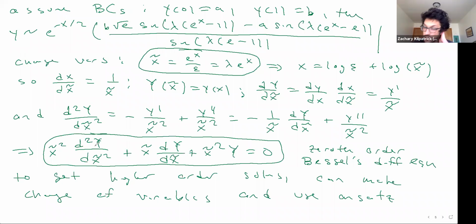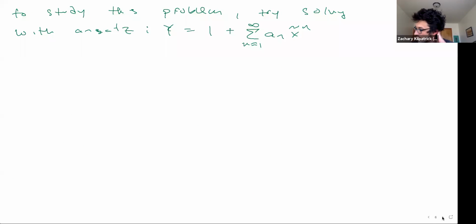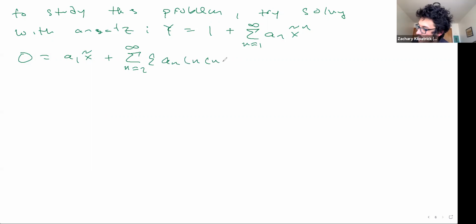If we plug it into this equation here, we're going to get some power relations in x tilde that we'll be able to isolate in terms of the hierarchy in order to determine the coefficients. So I get that 0 equals a1 x tilde plus the sum from n equals 2 up to infinity of [a_n times n times (n minus 1) plus n plus a_{n-2}] x tilde to the n.